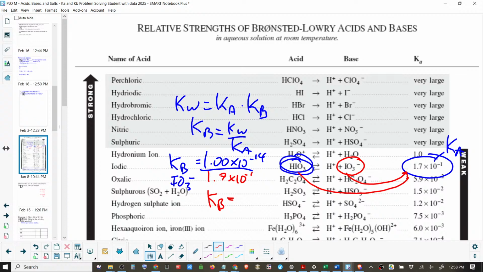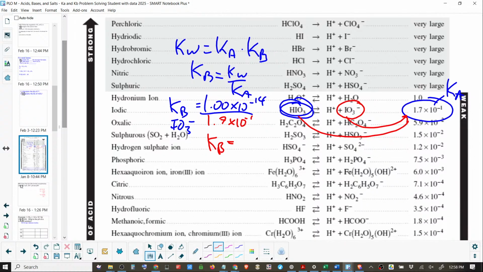Because they both equal through the Kw, if an acid is very, very strong, its conjugate base will be very, very weak. So when you calculate the Kb from a high Ka value, it'll end up being quite low, which is another reason why the strong and weak are opposite on either side.